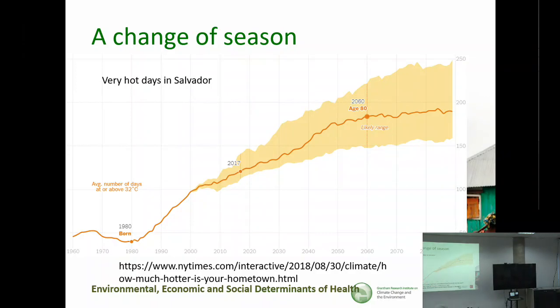So in 1980, in Salvador, there were about 40 days with temperatures over 32 degrees C. Two years ago when this report was published, there were 4 months of such temperatures. By the time I'm about 80, there's basically going to be half the year that is over 32 C in Salvador.